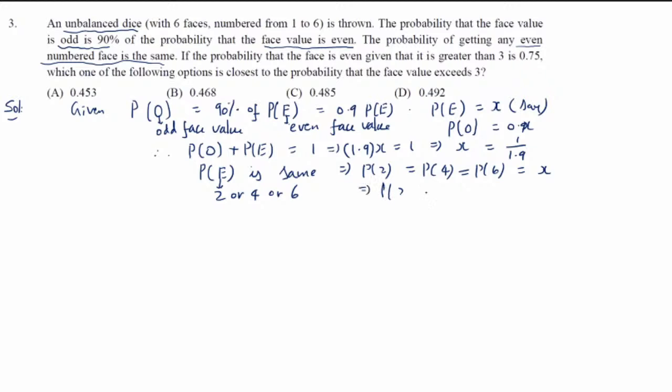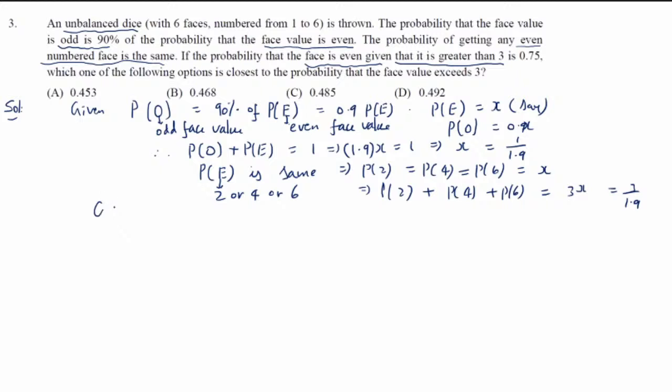Probability of 2 plus probability of 4 plus probability of 6 is equal to 3x. That means 3 by 1.9. Now, what is this given? Take care. The probability that the face is even, given that it is greater than 3, is 0.75.